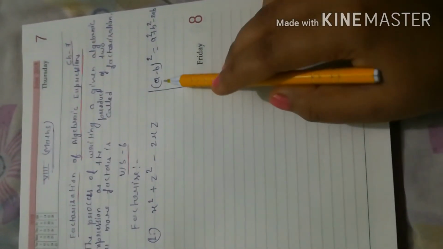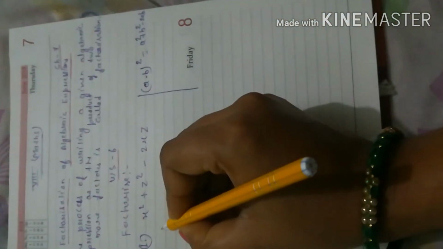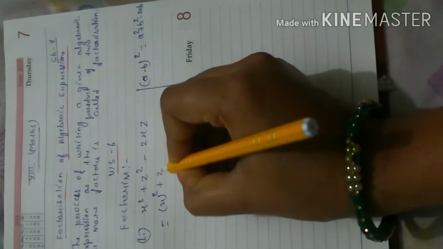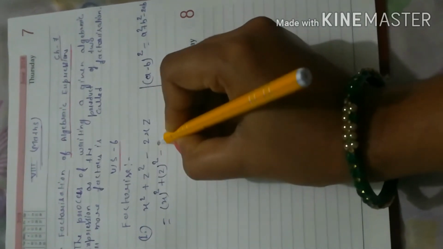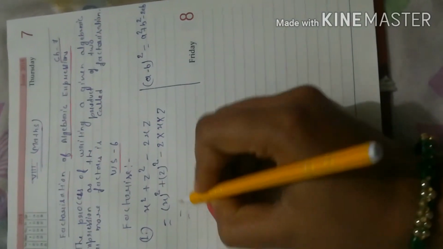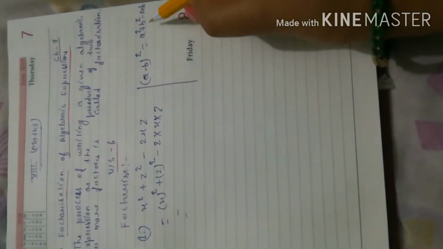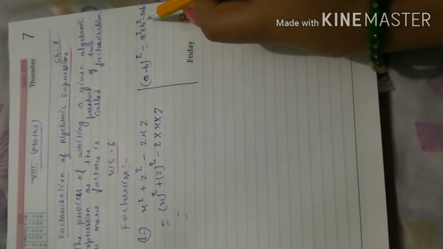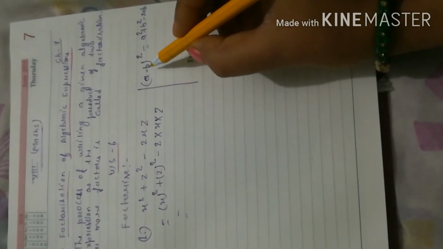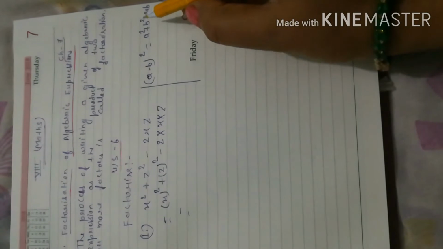So we can write it in this form: x whole square plus z square minus 2 into x into z. See, now it is converted in this form, a square plus b square minus 2ab. See, it is LHS and it is RHS.